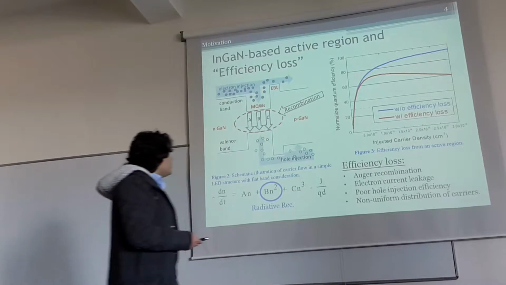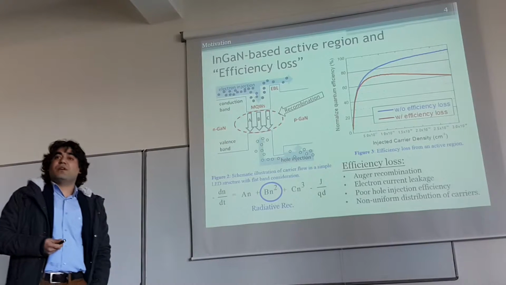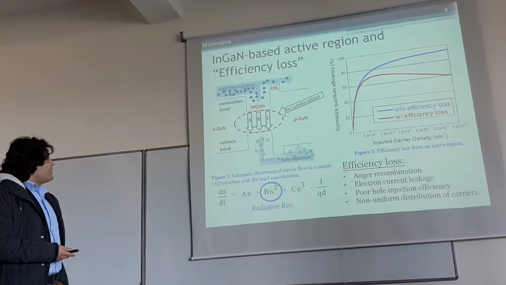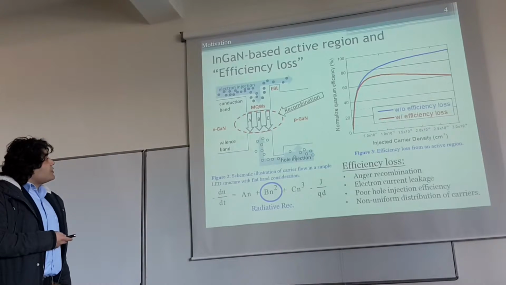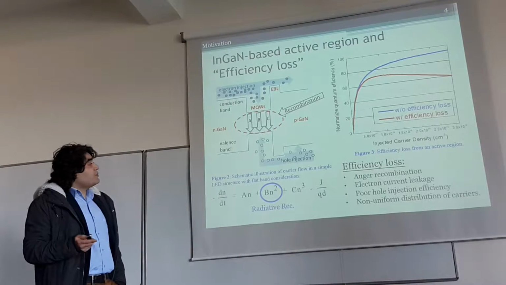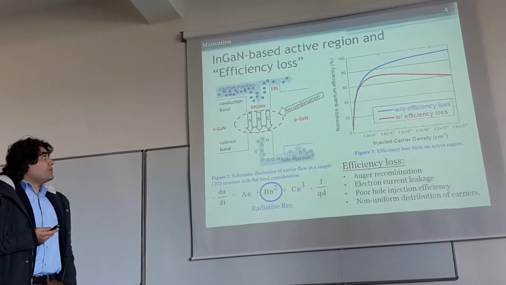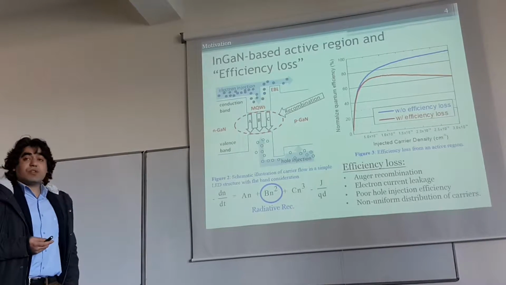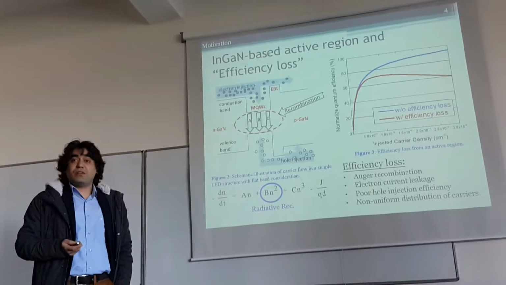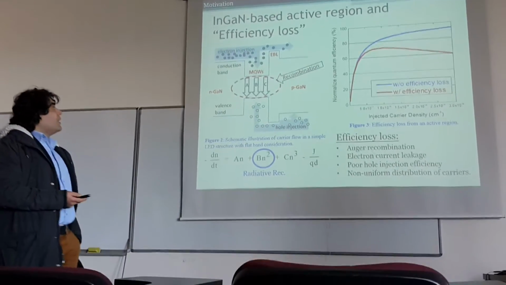However, there are problems associated with active regions used in LEDs and lasers. This is in the right-hand side image. You see a normalized quantum efficiency versus injected carrier density. The problem with the LEDs is efficiency loss at high excitation levels, at high injected current densities.